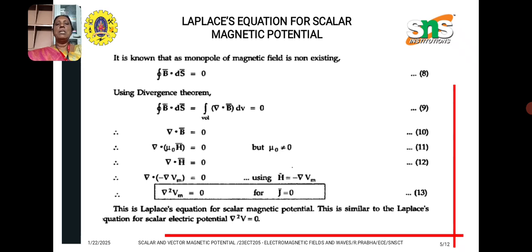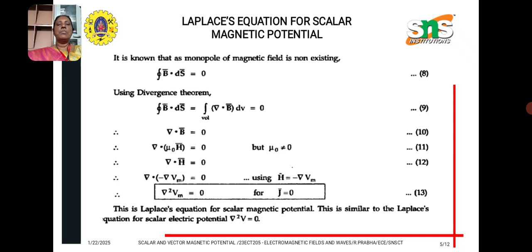So del dot B is equal to 0, and B is equal to mu naught H, so del dot mu naught H is equal to 0. But this mu naught is not equal to 0 because it is the absolute permeability. It has the value 4 pi into 10 power minus 7 henries per meter. So del dot H is 0, and H is replaced by negative gradient of Vm, that is minus del Vm.